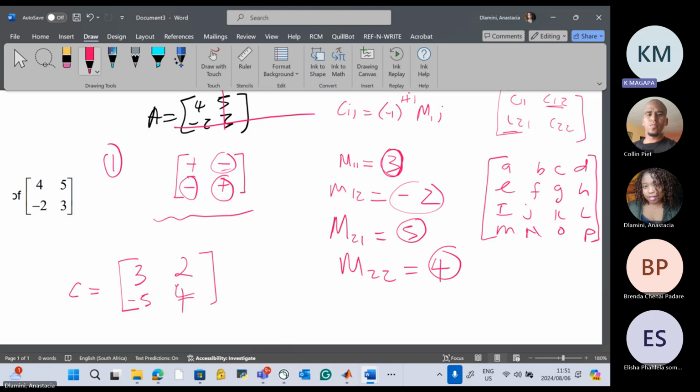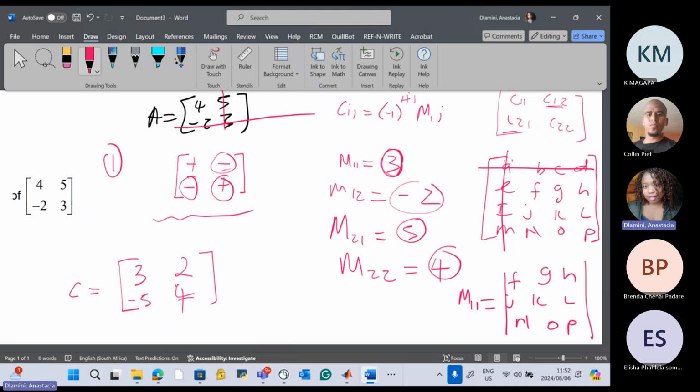If you're going to find the cofactor of A, A is in row 1, column 1, so you cancel row 1 and column 1. Then your M11 will be the determinant of F, G, H, J, K, L, N, O, P. It will be the determinant of a 3 by 3.